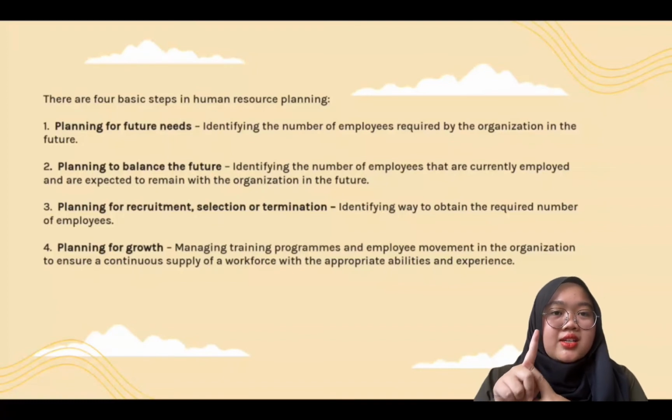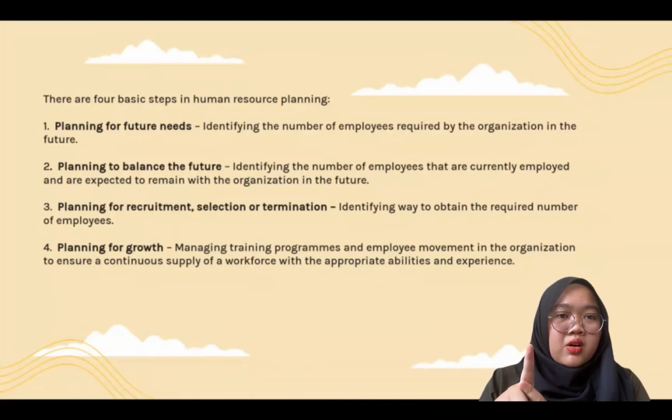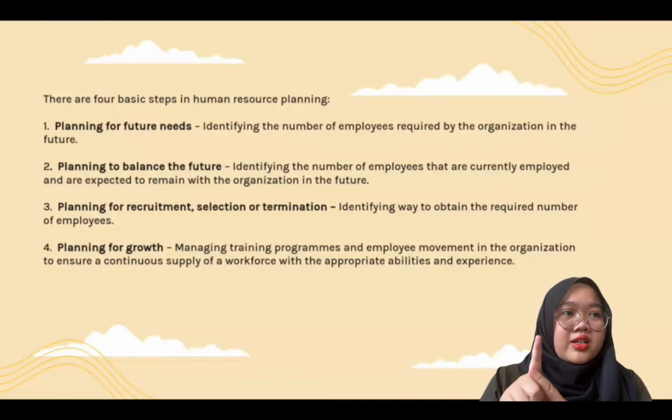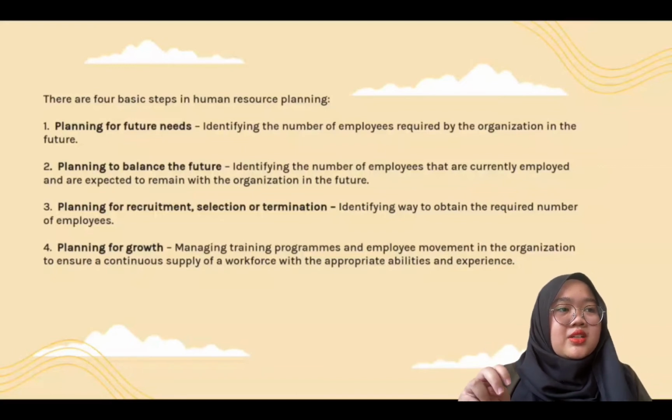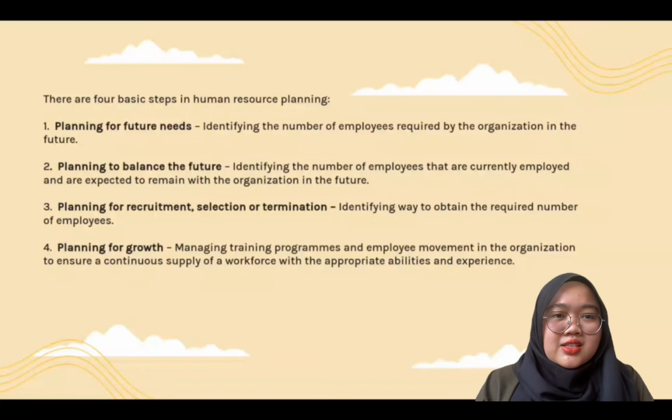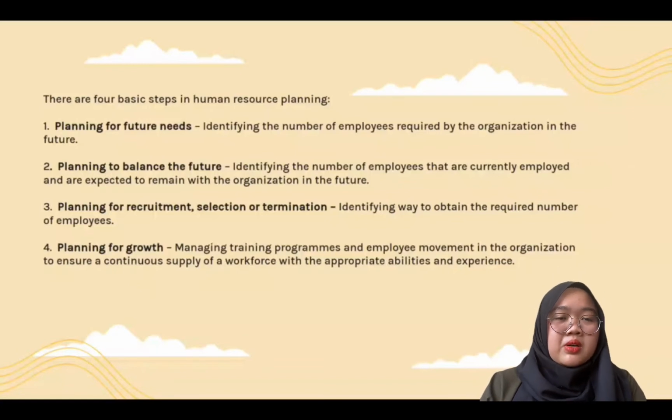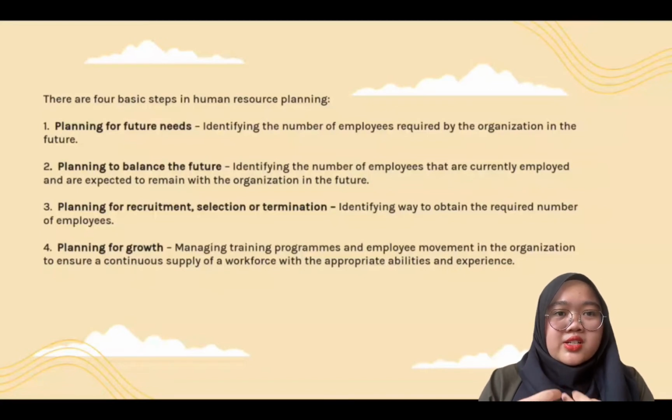There are 4 basic steps in human resource planning. The first one is planning for future needs, is identifying the number of employees required by the organization in the future. Second, planning to balance the future. It is identifying the number of employees that are currently employed and expected to remain with the organization in the future.